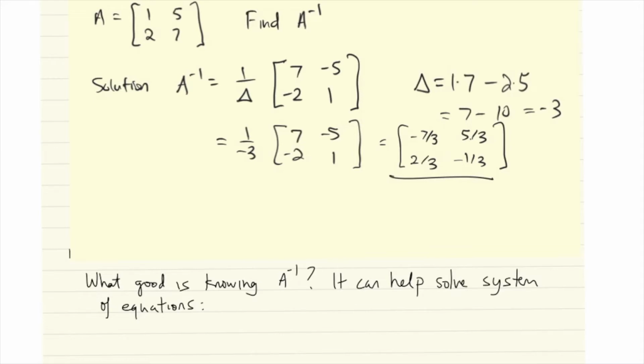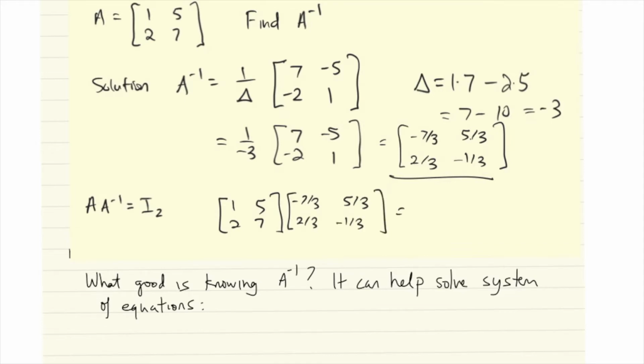But I want to show you that, for example, A times A inverse is indeed the identity matrix by doing the matrix multiplication. A is 1, 5, 2, 7, and A inverse is negative 7 thirds, 5 thirds, 2 thirds, and 1 third.